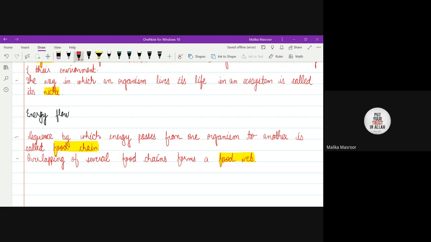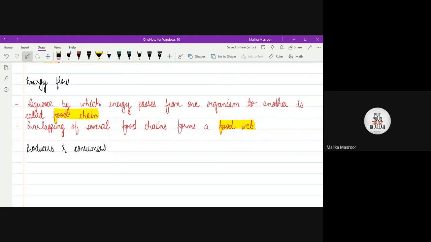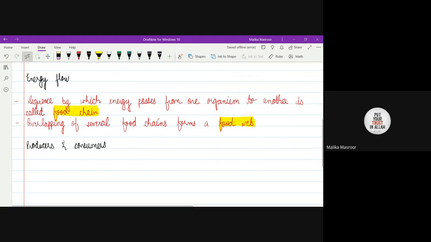Right, now coming to your producers and consumers. Important discussion. So, organisms that capture sunlight and use energy are called producers, and they are plants, obviously.